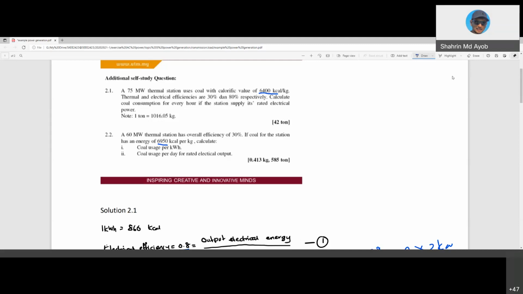Meaning that it can convert the energy from the coal to some value. So this one is 6,950 calorie per kilogram. Okay, so calculate the coal usage per kilowatt hour. What is the coal usage per kilowatt hour?